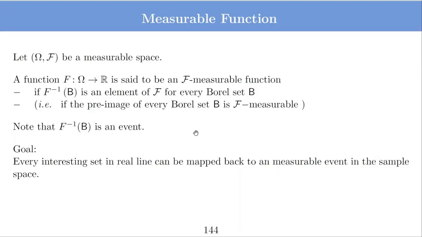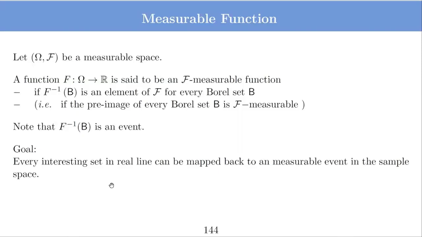So our goal in defining such a function is that every interesting set in the real line. Why are we saying every interesting set? Because we already said that in the real line we have a Borel algebra. The Borel algebra is made from interesting sets, actually from Borel sets. It means we are saying that Borel sets are interesting sets for us. What are these interesting sets?